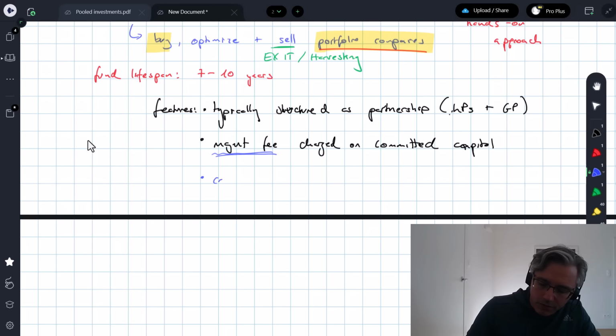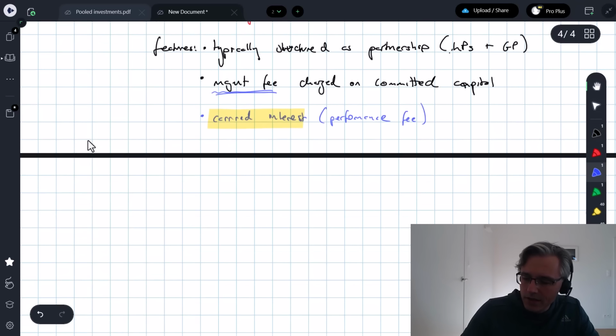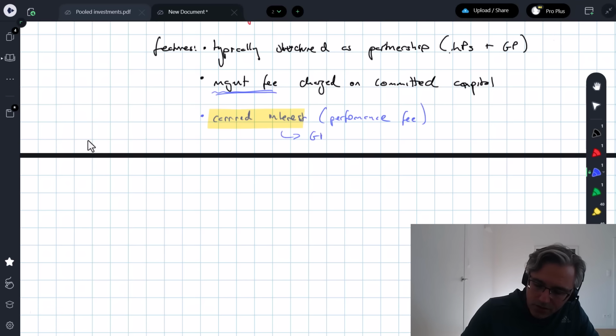Right, and the final point I want to make is a unique feature called carried interest. This is the name by which we typically have the performance fee or incentive fee, especially in private equity, but also in venture capital. Carried interest is the general partners', typically the manager's, share of profits from exits.